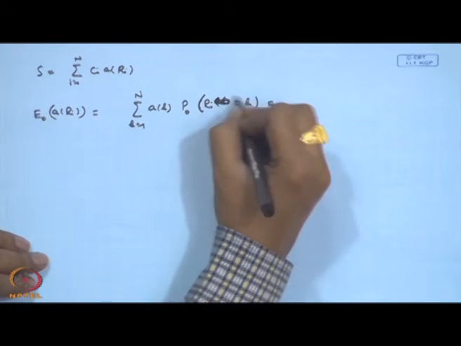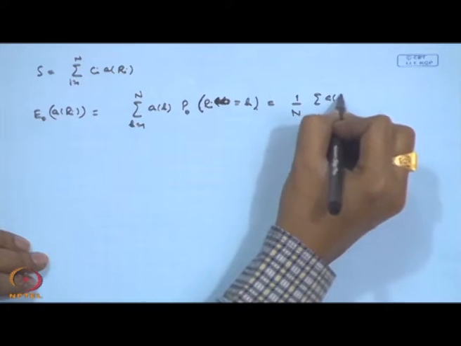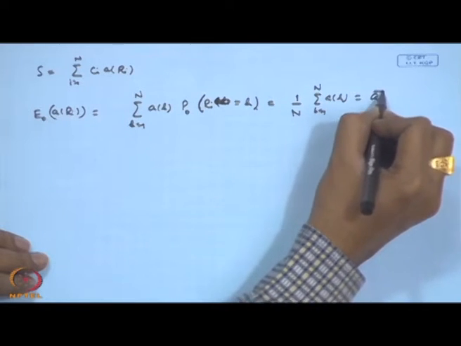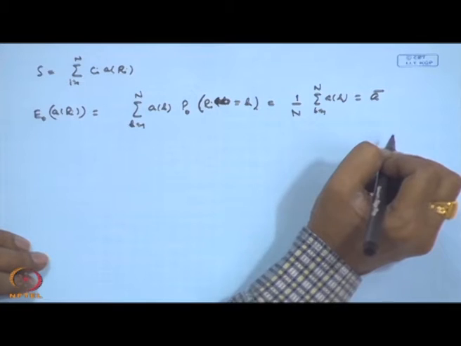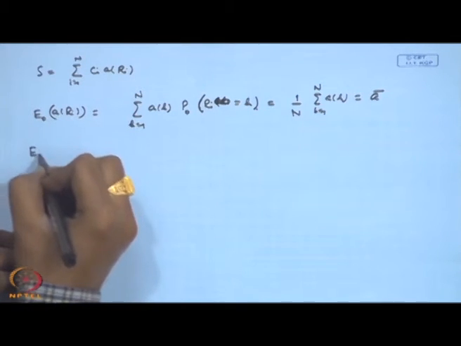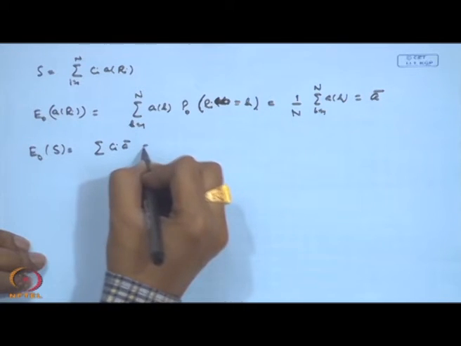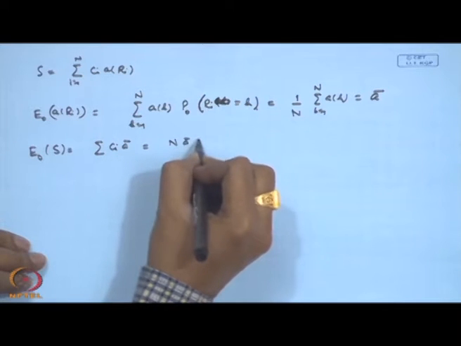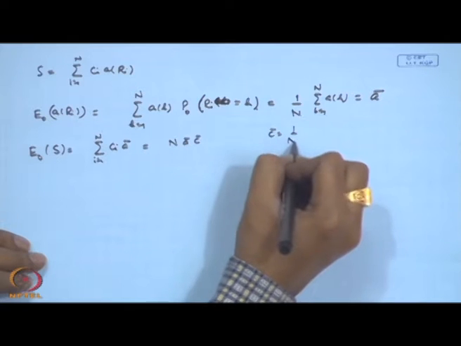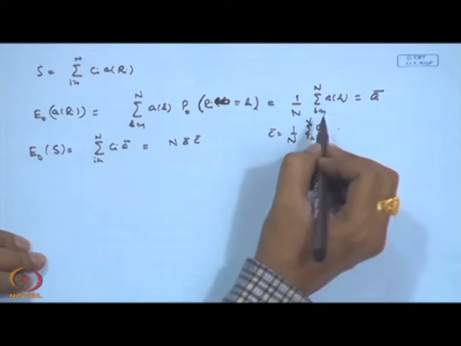This probability is 1 by n. So, it is simply becoming 1 by n sigma a(h), h is equal to 1 to n. Let us denote this quantity by a bar here. So, expectation of S, that is becoming sigma c_i a bar, which you can also write as n a bar c bar, where c bar is nothing but the mean of c_i's, i is equal to 1 to n here.